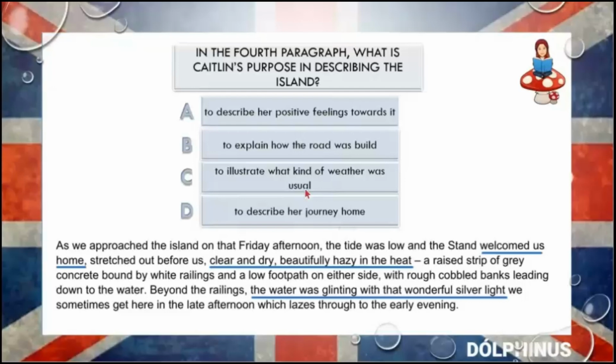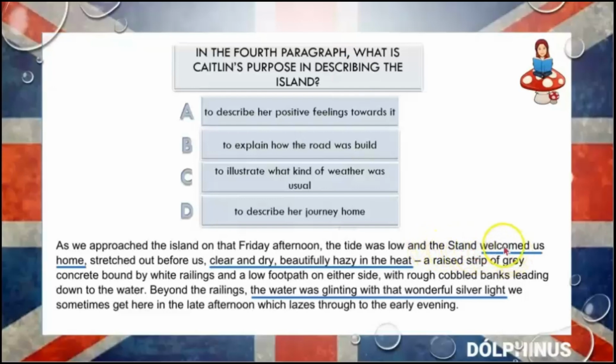No. So it's incorrect. Let's go to B. To explain how the road was made. Yes, the road is mentioned as it is described. But is it explaining how it was built? No. So it's incorrect. Let's go to A. To describe her positive feelings towards it.